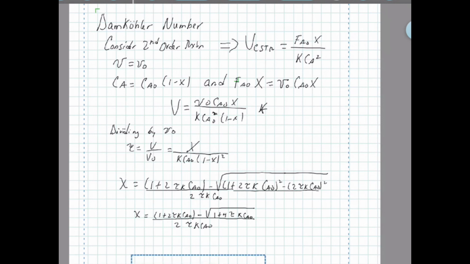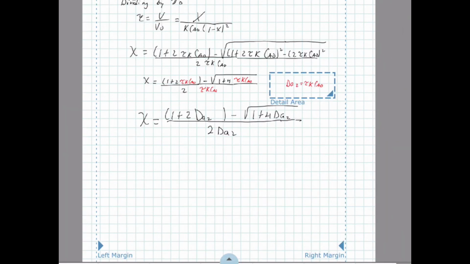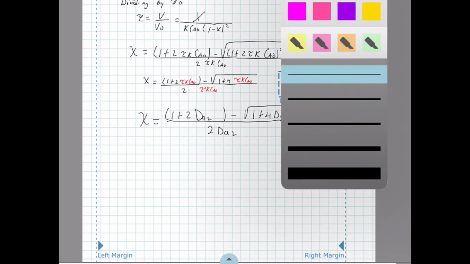I recommend that if you want to take the time to write all this down, you pause the video. I'm going to continue for the sake of time. I want you to notice that there's a common term that repeats in that final solution. This is the term called the Damköhler number for a second order reaction.